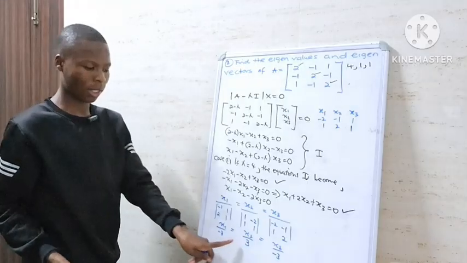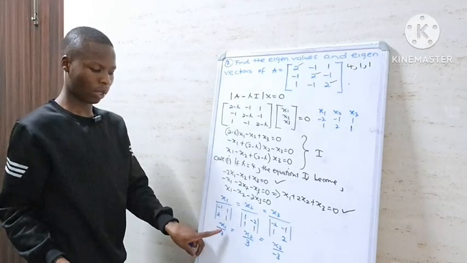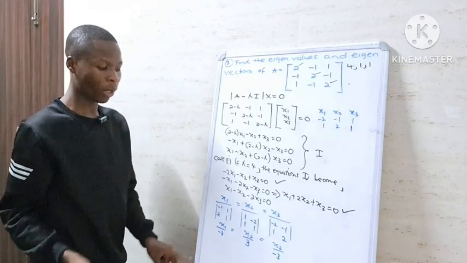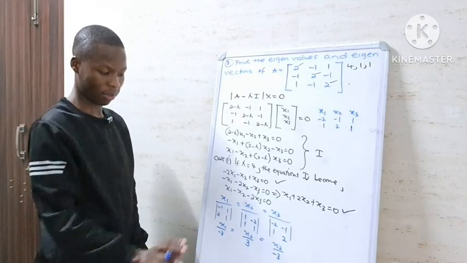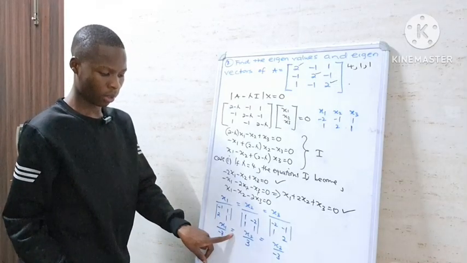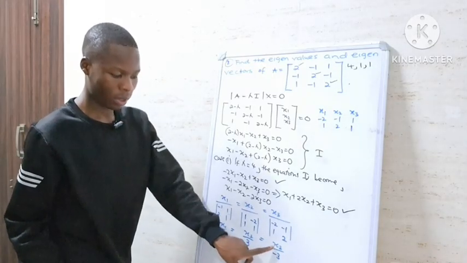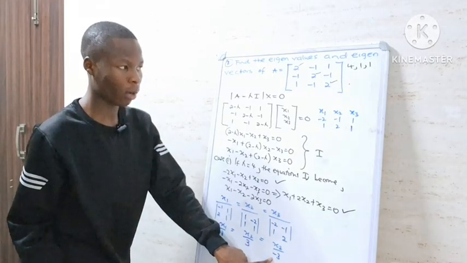If we factor out negative 3, this becomes x1 by 1 is equal to x2 by negative 1 is equal to x3 by 1.